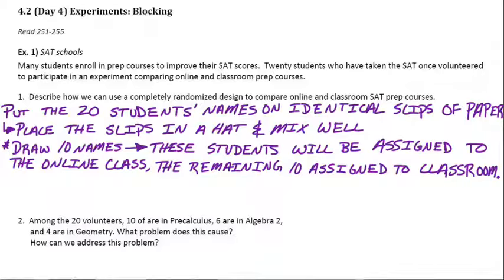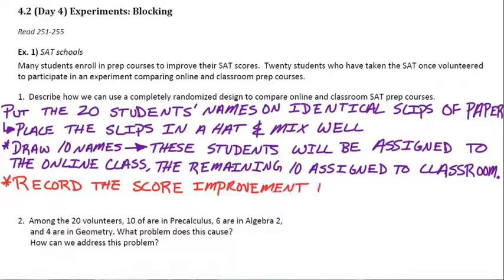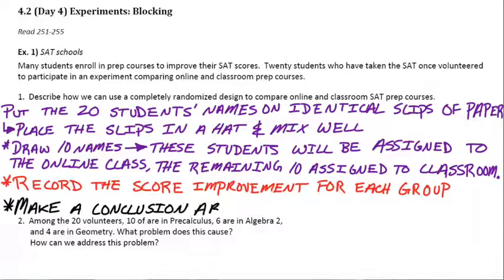Okay, so you assign people to treatments. They do the study. They go through each class. They take the SAT, and then what do we want? We're going to observe the score improvement for each group. And once we record that, we're going to make a conclusion about which group was better.